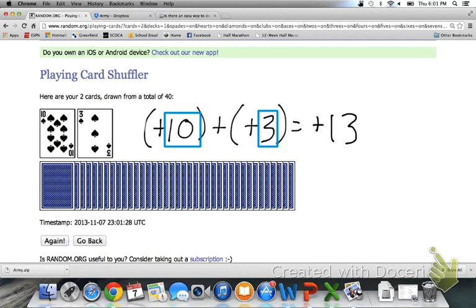What I want you to do with your partner is this. Again, pull out the ace through 10, put the king, queen, and jack off to the side, and you're going to go ahead and shuffle up the normal numbers from ace through 10, and then you will draw out 2 at random.